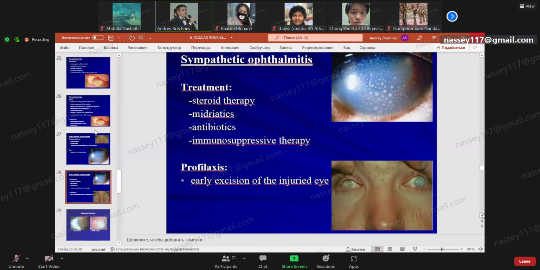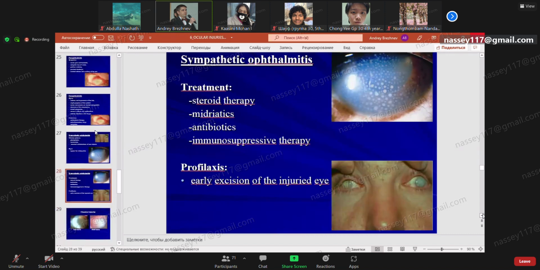Treatment. Medical treatment includes steroid therapy by all routes, local, systemic, and so on. We can use it locally in the form of drops, injections, periorbital injections, frequent instillation of eye drops, and so on.